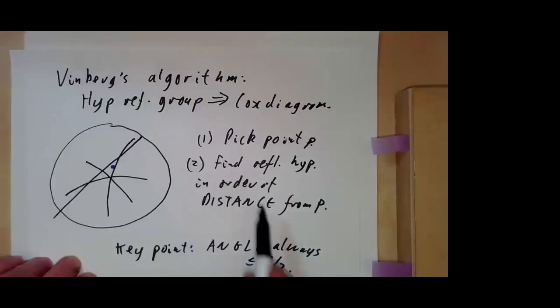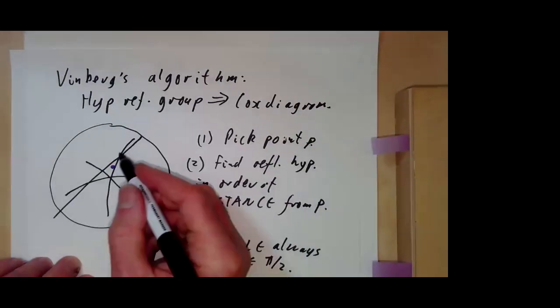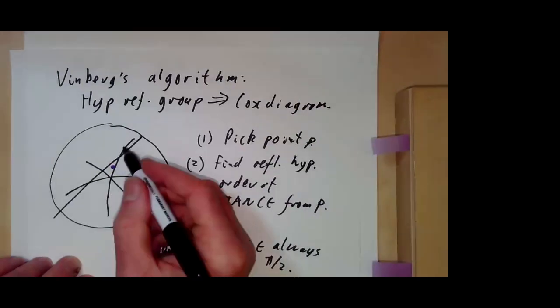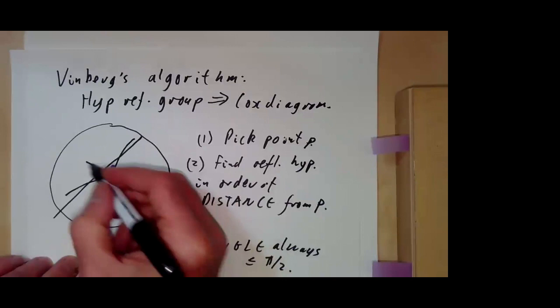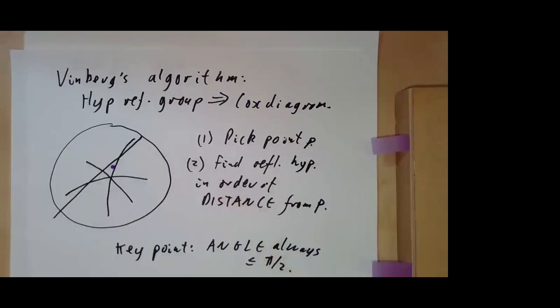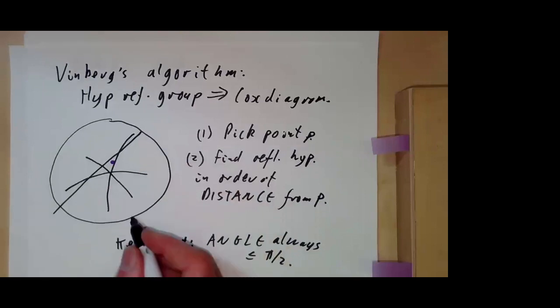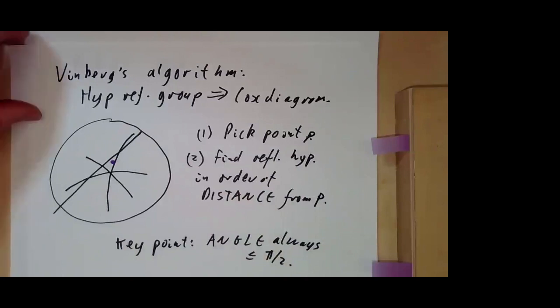Well, if the angle exists. In hyperbolic space the reflection hyperplanes might not even intersect at all. They might intersect only at infinity, or they might not even meet at infinity. And this is actually rather a nuisance because there is no good convention for drawing Coxeter diagrams when this happens. So people kind of fudge things a bit.